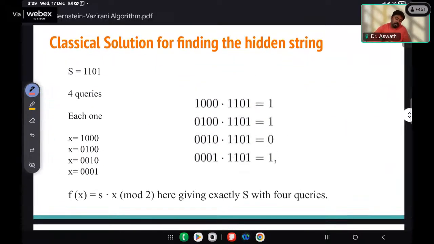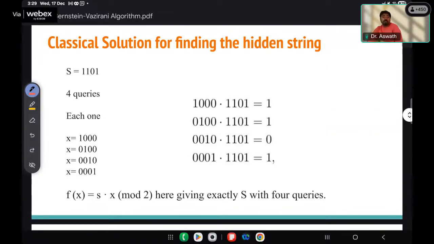Now let's say I don't have a quantum computer and I want to do this classically. There is a shift function. Let's say I have some other number, y is equal to 1001, which is shifted by some value.